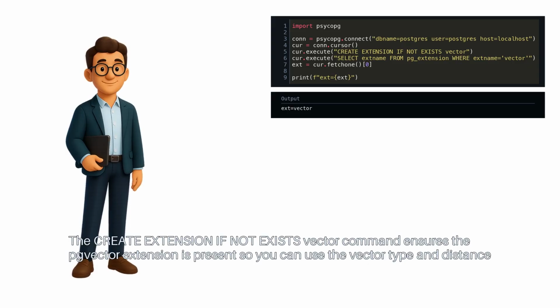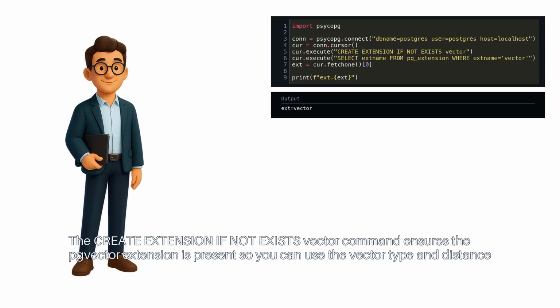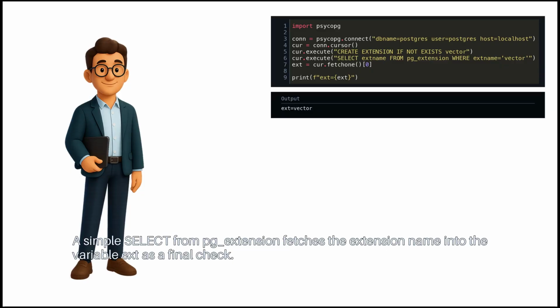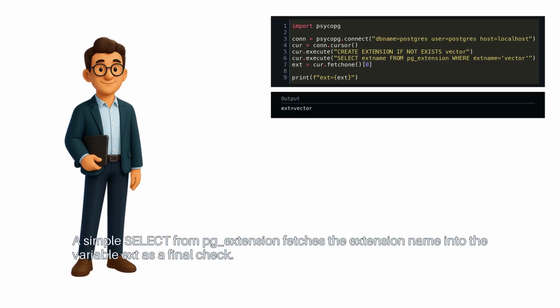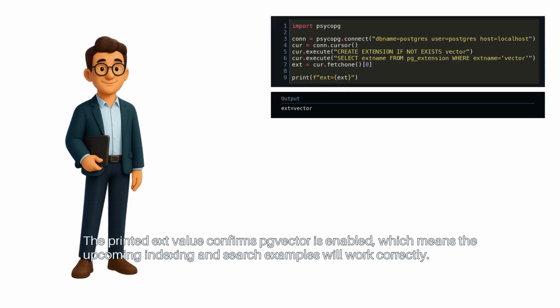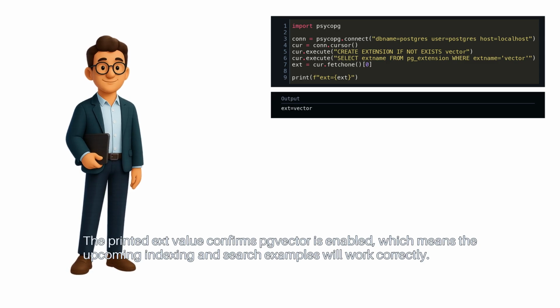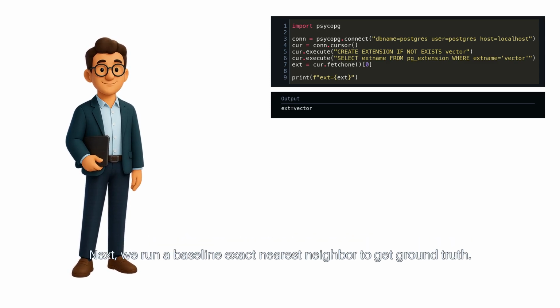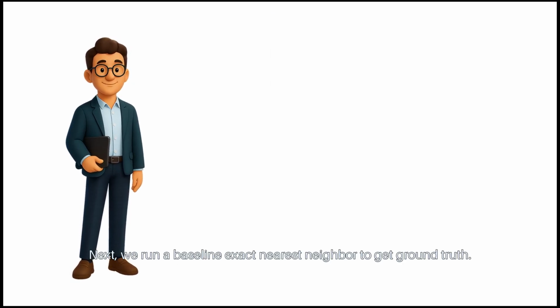The CREATE EXTENSION IF NOT EXISTS vector command ensures the pgvector extension is present, so you can use the vector type and distance operators. A simple SELECT from pg_extension fetches the extension name into the variable ext as a final check. The printed ext value confirms pgvector is enabled, which means the upcoming indexing and search examples will work correctly. Next, we run a baseline exact nearest neighbor to get ground truth.